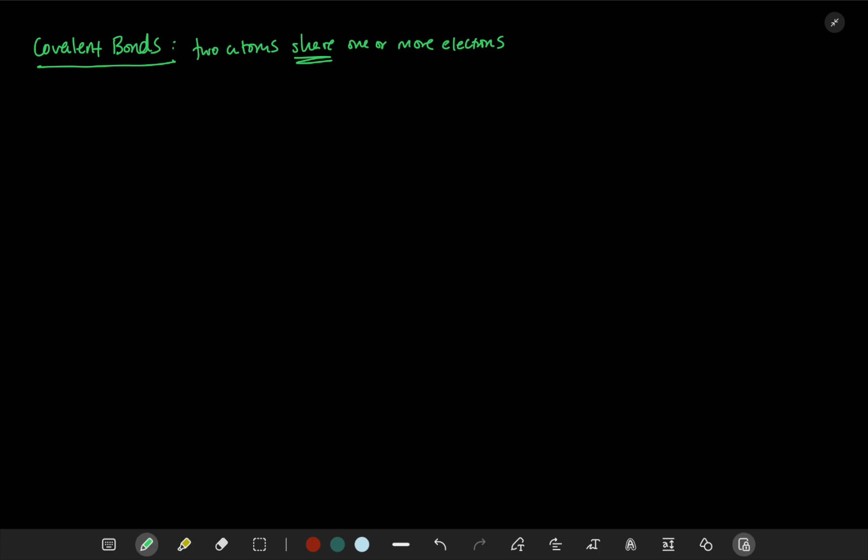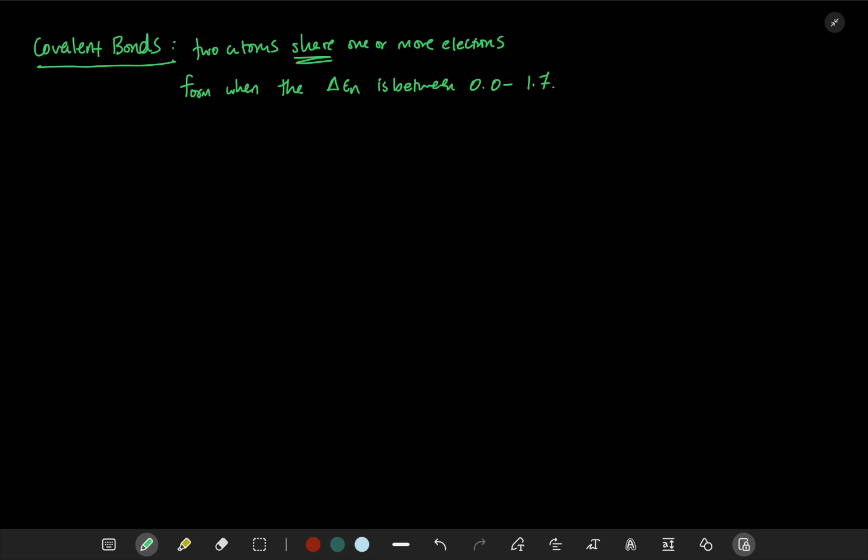So covalent bonds, we talked about ionic interactions in part 3 of lecture 2, but covalent bonds form when the difference in electronegativity between two atoms, so the delta electronegativity between two atoms, is between 0.0 and 1.7.